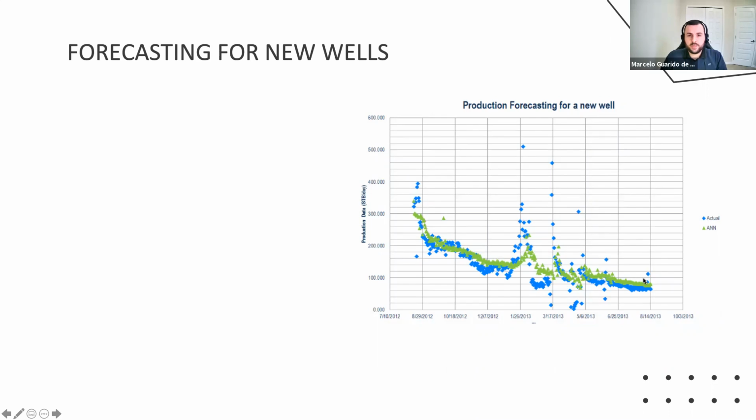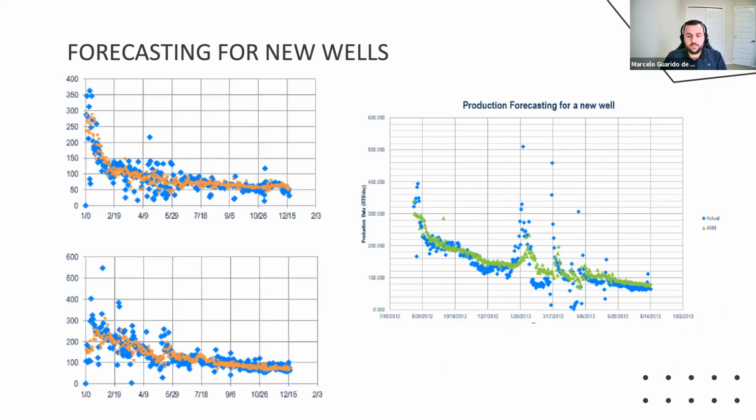They are surprisingly precise. So that means that you can use adjacent wells to decide where you're going to drill your next well. Those are examples for 2 other wells, and in all of them, they got very precise forecasting.